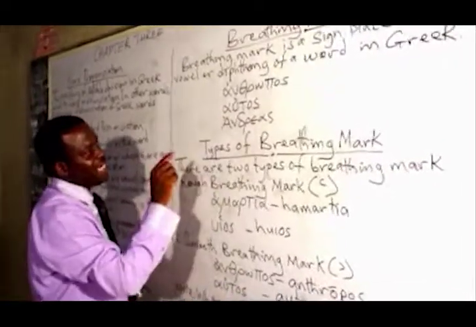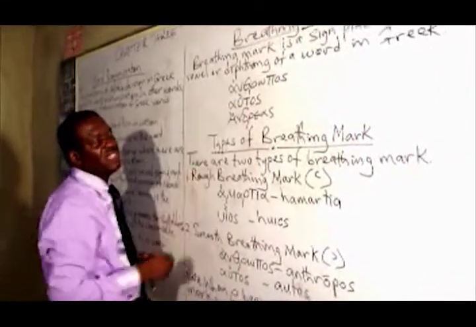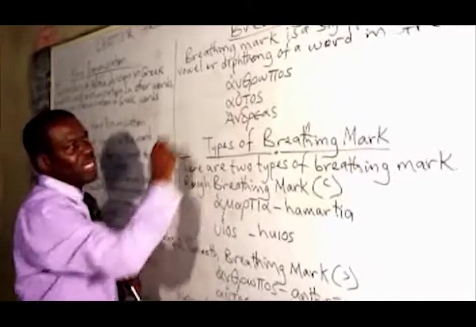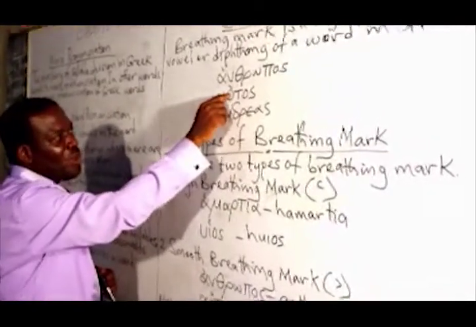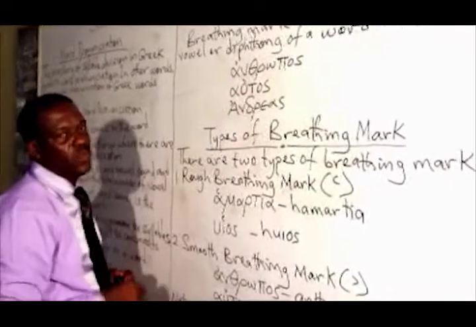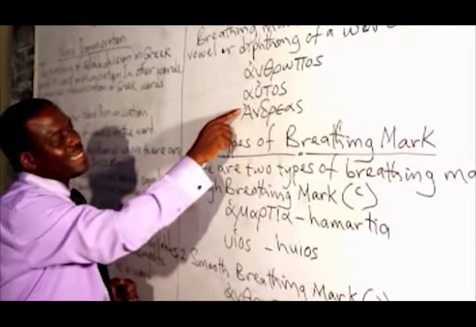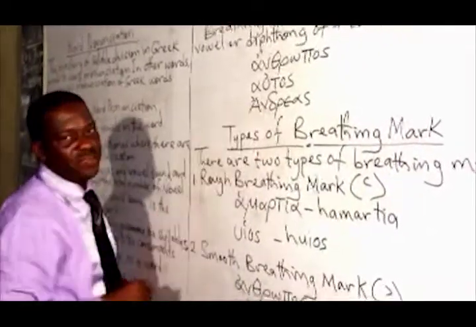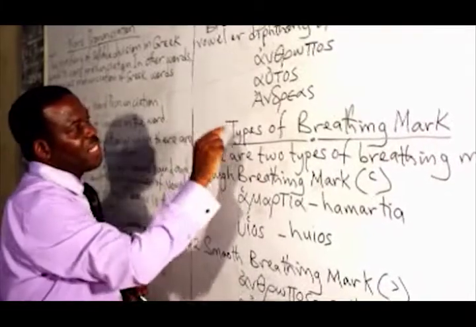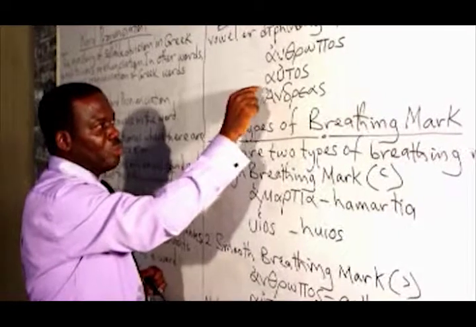If it is on a diphthong, it will be on the second letter of the diphthong, not on the first one. It will always be on the high vowel when it's a diphthong. Then the breathing mark can be by the side of a vowel, if that vowel is a capital letter. If the vowel that begins a word is a capital letter, the breathing mark will not be on top, it will be by the side.